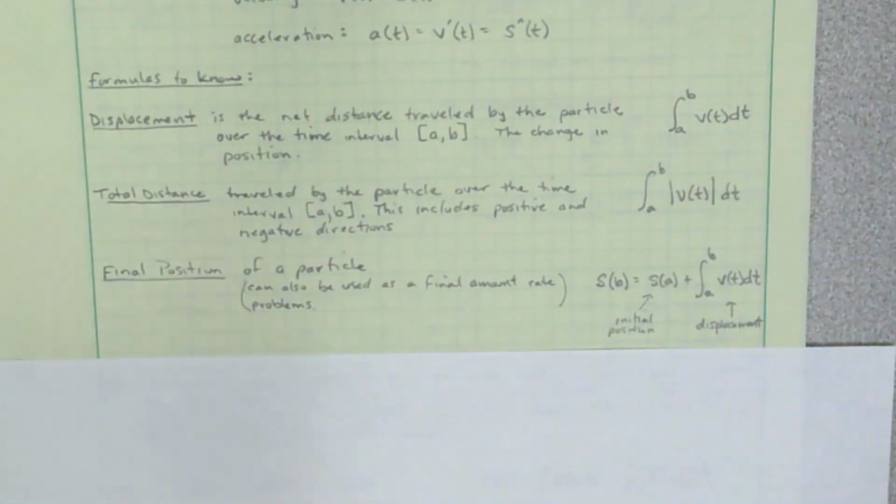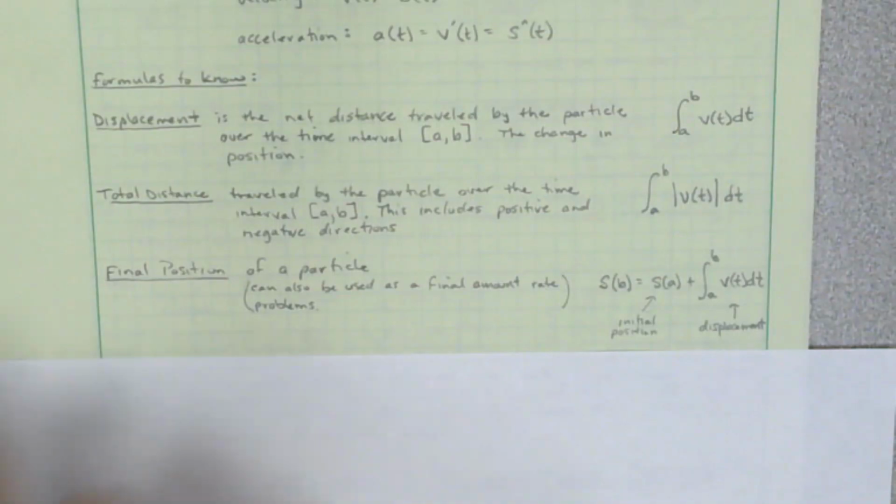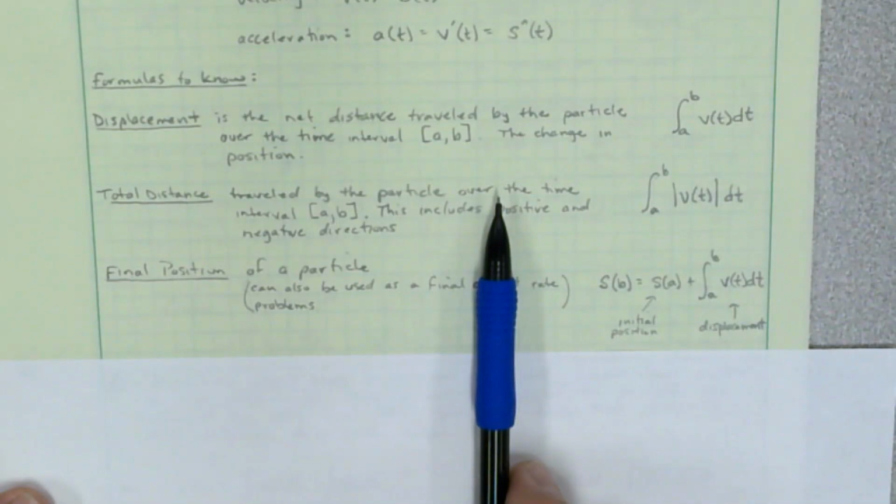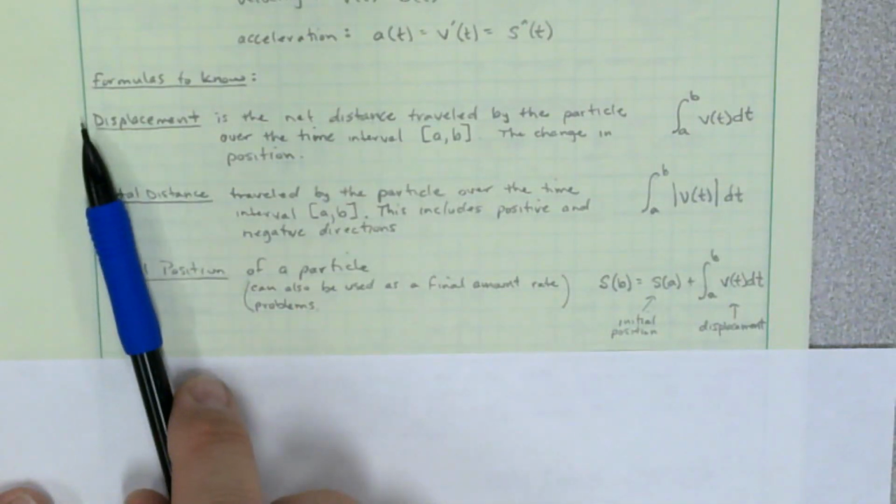The displacement, though, is where you started from and where you ended at the journey, and that direct distance, that is displacement. The actual journey that you traveled, all the different ways you went, that is the total distance traveled.